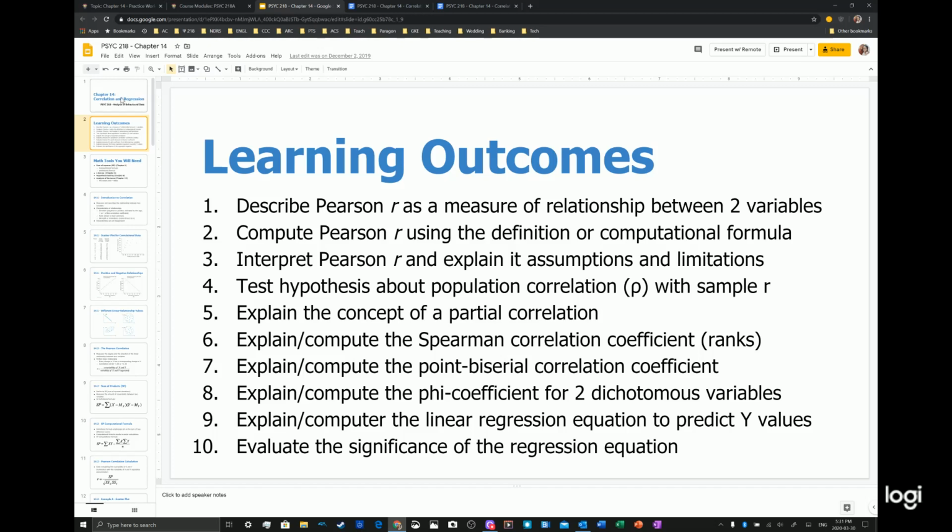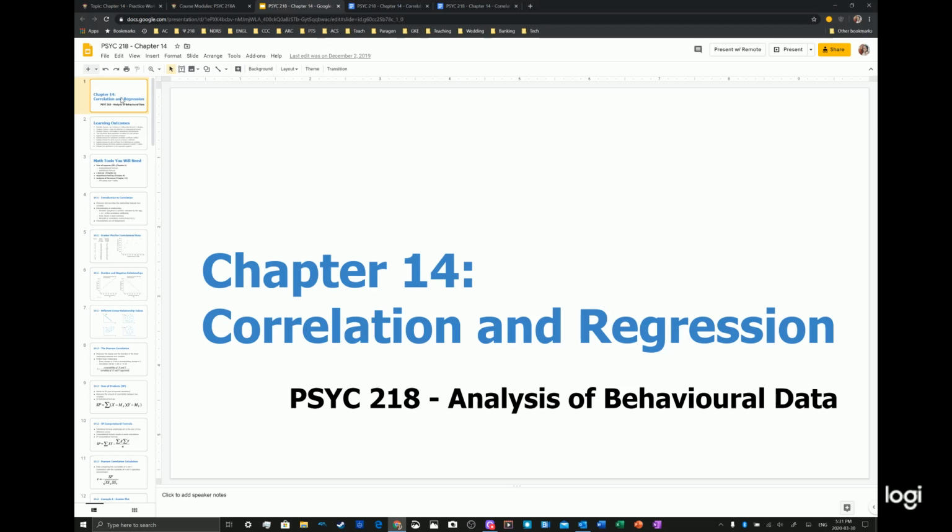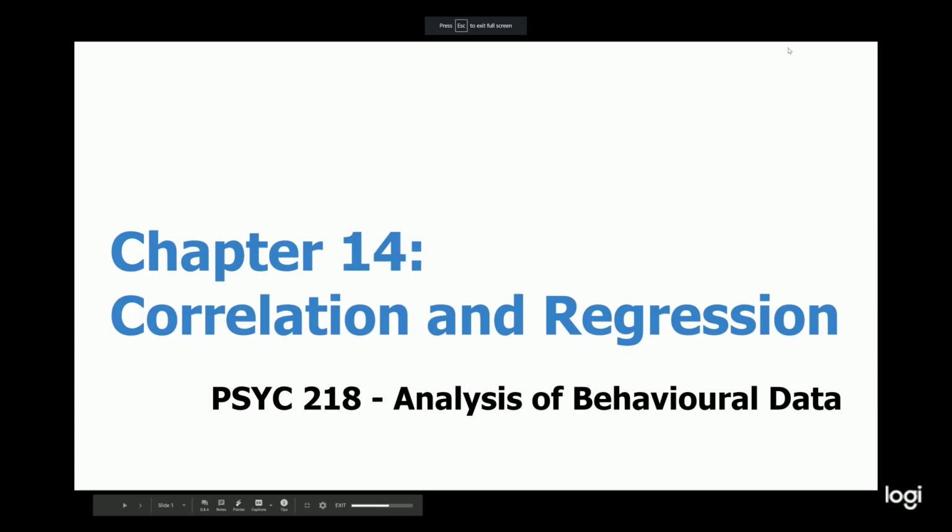Let's start on the first part of the video lecture series on Chapter 14, Correlation and Regression. Correlation and regression are related in the sense that we're looking at how two variables covary in terms of covariance, not just how each variable spreads or changes individually within its own group, but also how both variables vary at the same time.